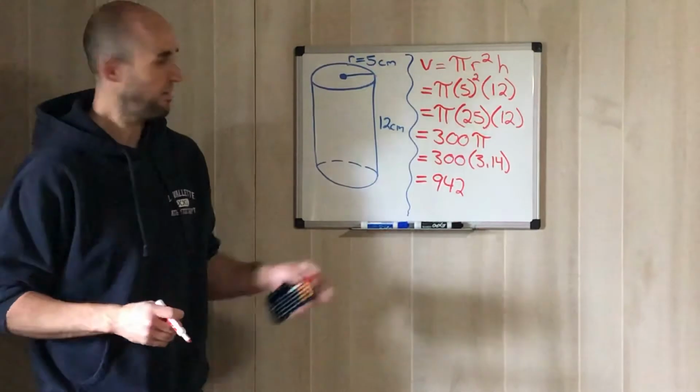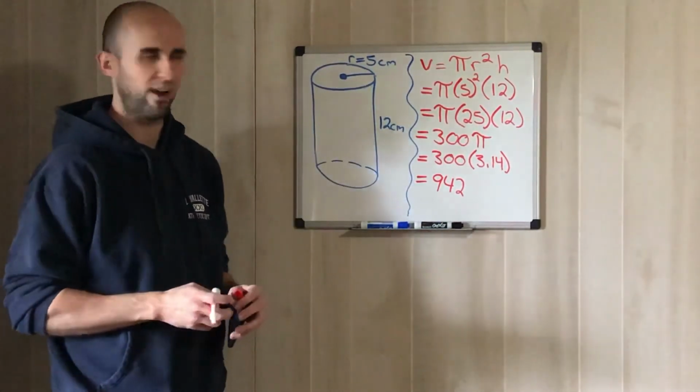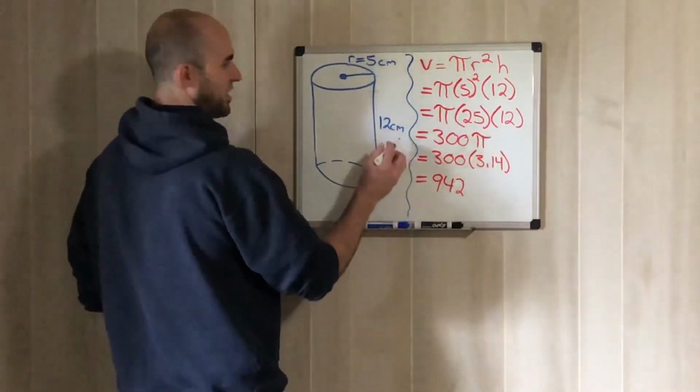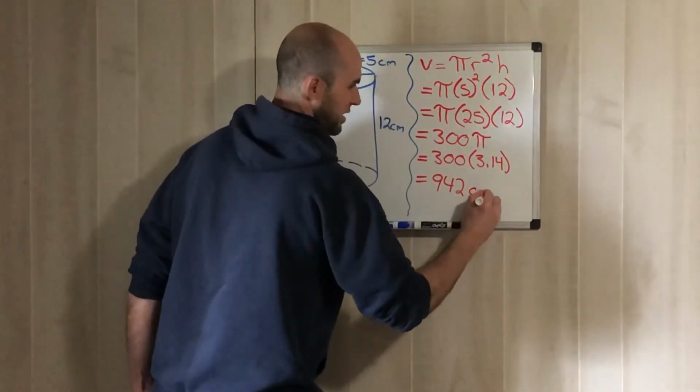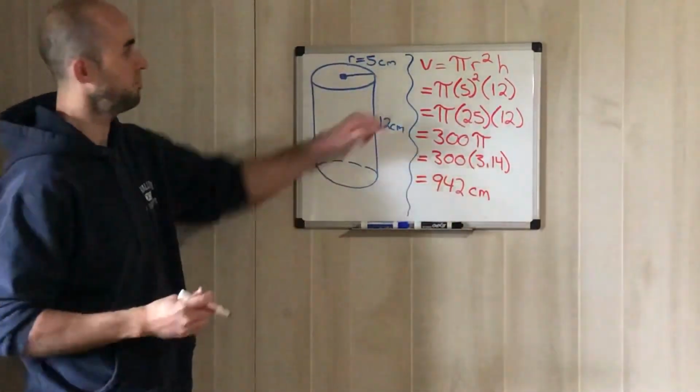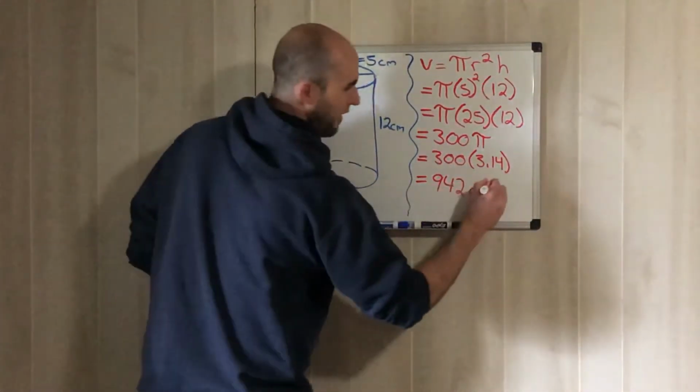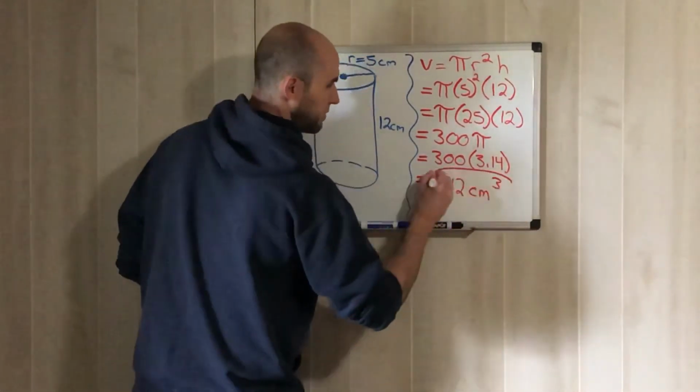No decimal this time, just because the numbers just worked out that way. So we have 942. Let's not forget the centimeters. And then since we're dealing with volume, always remember, volume is always cubed.